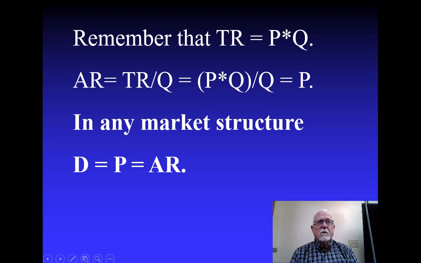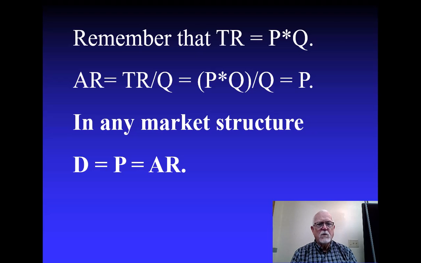Total revenue is just the price of each item times the quantity of each item sold, and then you sum that up. So if we were talking about one particular item, that'd just be price times quantity. If we're talking about summing up a whole bunch, you would have a little Greek sigma symbol before that P times Q. But average revenue is nothing more than total revenue divided by the quantity. And so you can see mathematically that average revenue and the price is exactly the same thing.